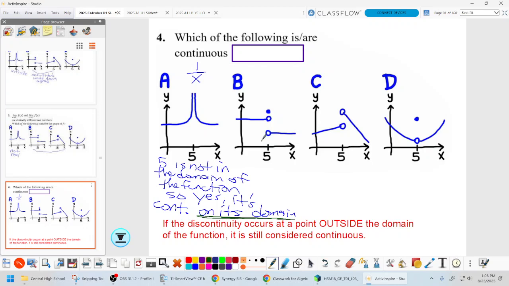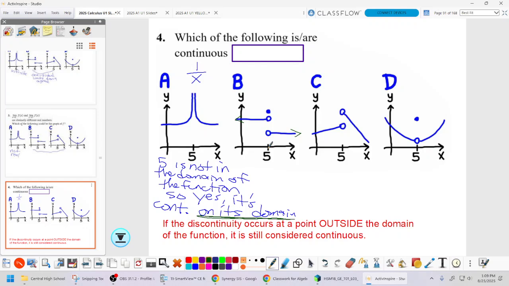Okay, how about this one? Is it continuous on its domain? Well, what is its domain? Especially if we put arrows, just so you can say what its domain is. Does the domain of this one exclude 5? No, because there's a point right there on 5. Okay, so the domain does not exclude 5. Is it continuous?